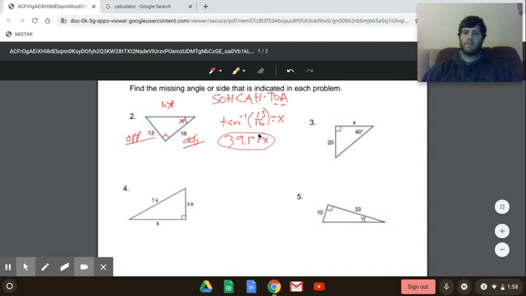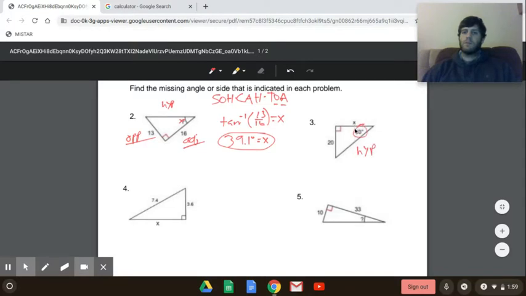Okay. Number 3 here. First thing we should do is figure out which one we're going to use. So we have one angle and one side, and we're solving for a second side. If we have one angle and one side and we're solving for a second side, that's one of the trig functions. So the first thing we should do for a trig function is label the hypotenuse and then circle the angle.